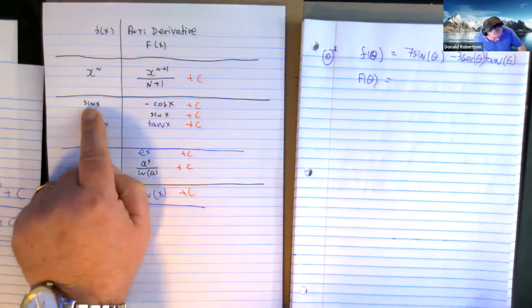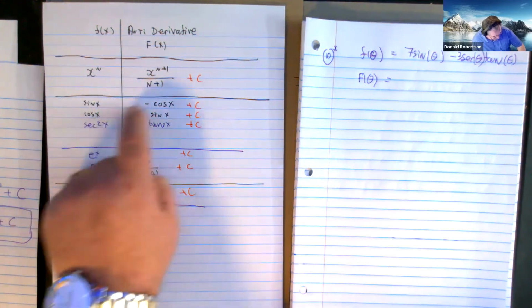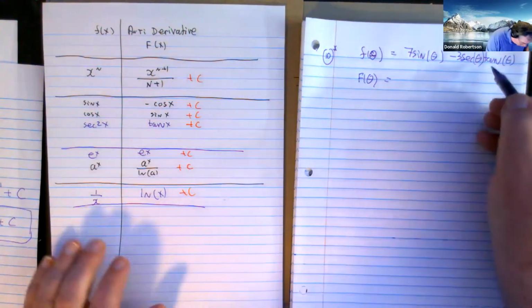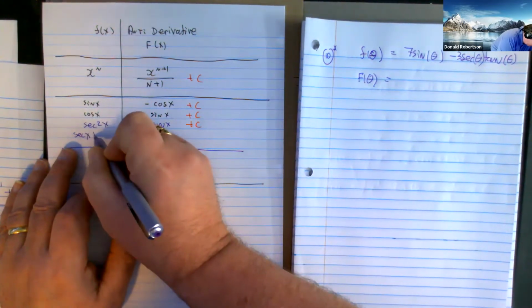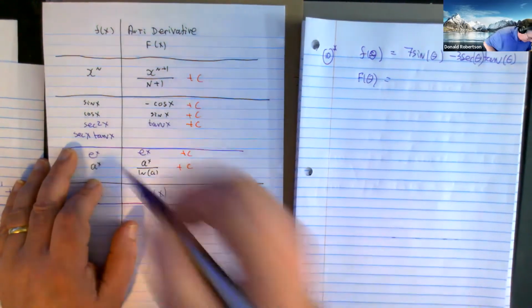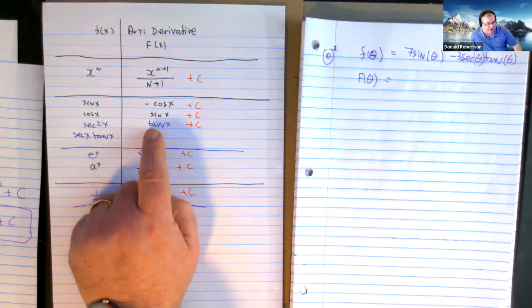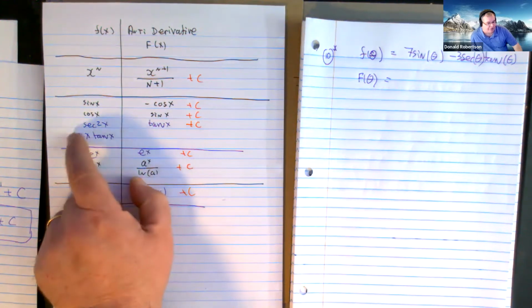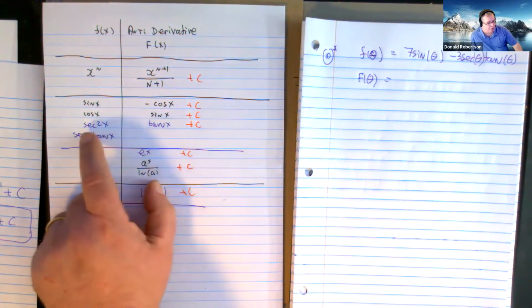I've got a sine, a cosine, a secant squared. If you want to find the antiderivative of them, here's your answer. I don't have the secant tan yet, so I'm going to add it in. Does anybody want to guess what the antiderivative of secant tan is? You have to ask, what function do I need here whose derivative is that?